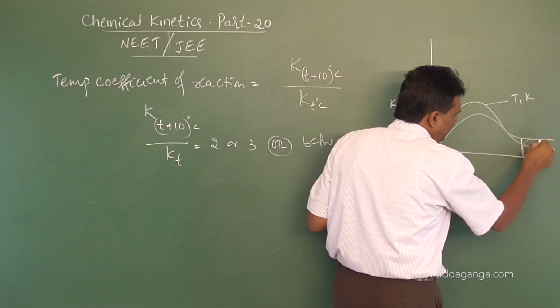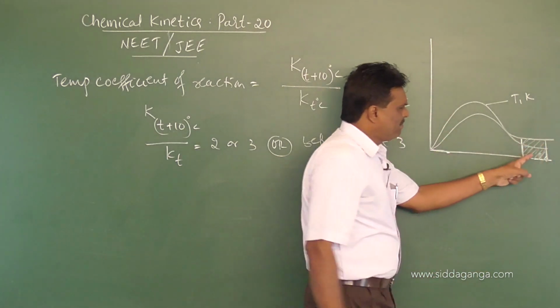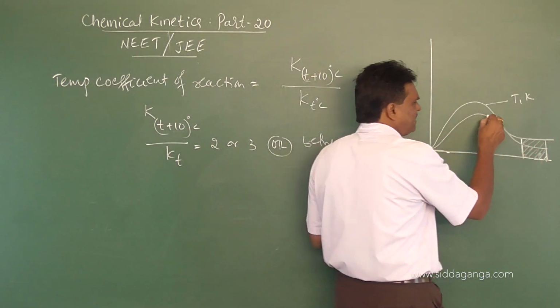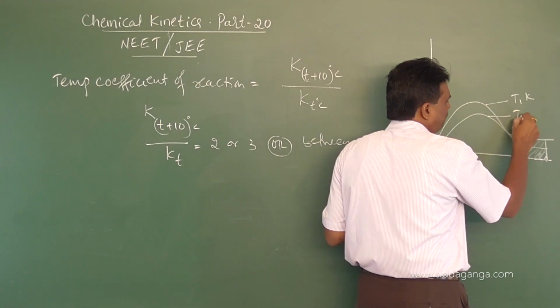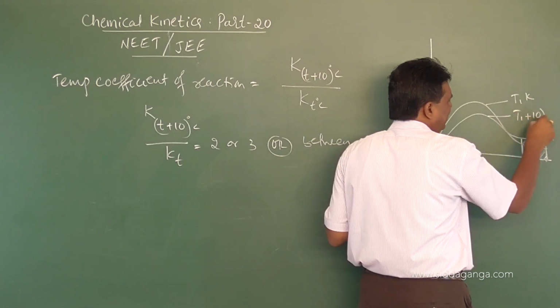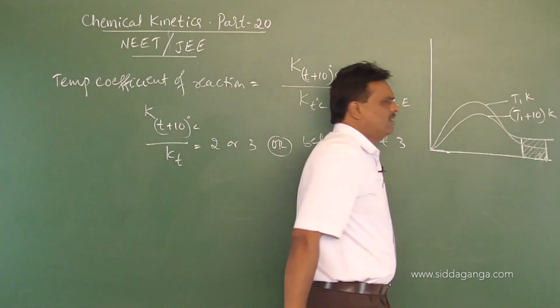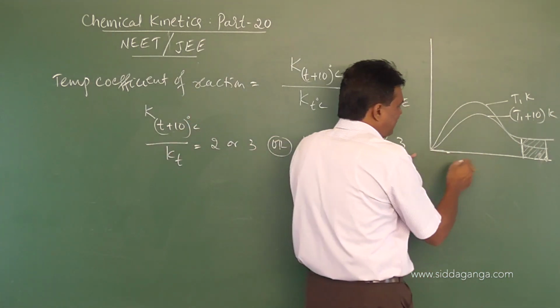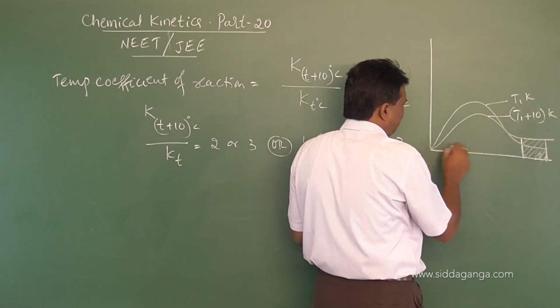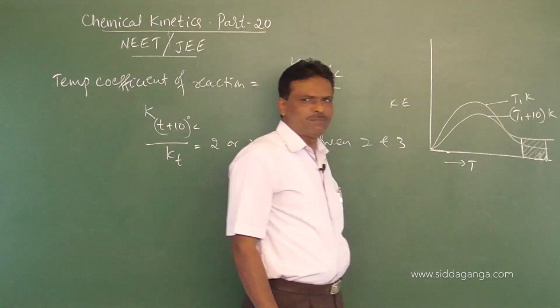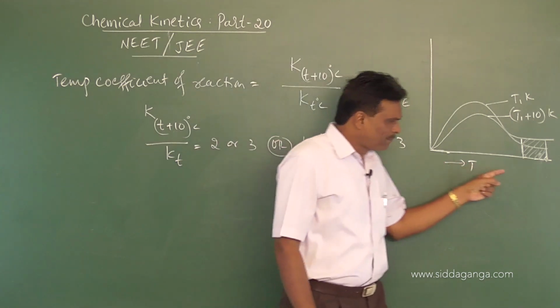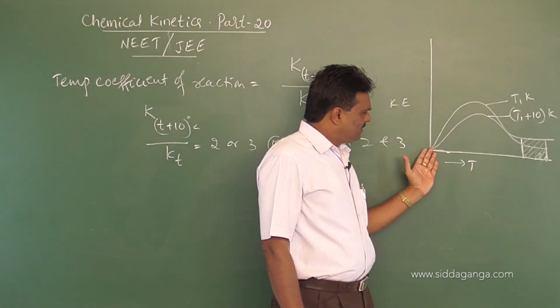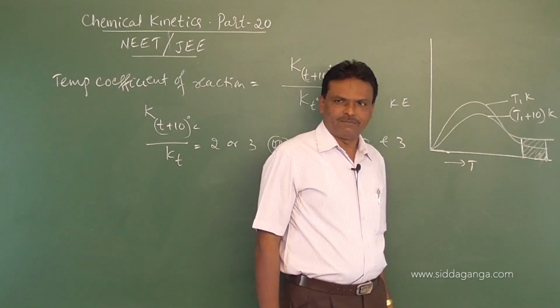This is the area of number of activated molecules at T1 plus 10 Kelvin. So as the temperature increases, in the graph of temperature versus kinetic energy, the graph shifts towards the right side.